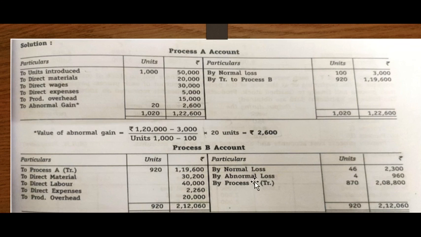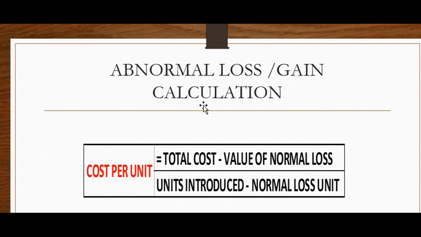To calculate this abnormal loss cost, we use the formula. The formula is total cost minus value of normal loss, divided by units introduced minus normal loss units.